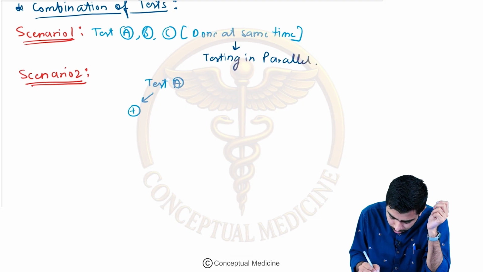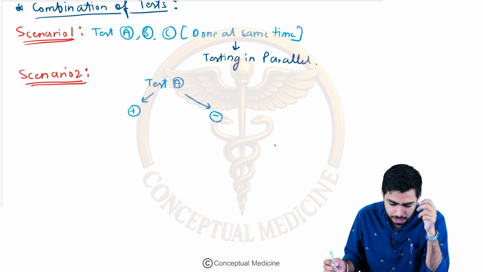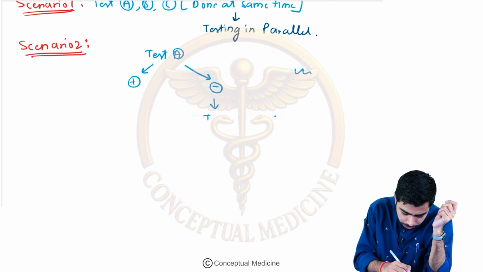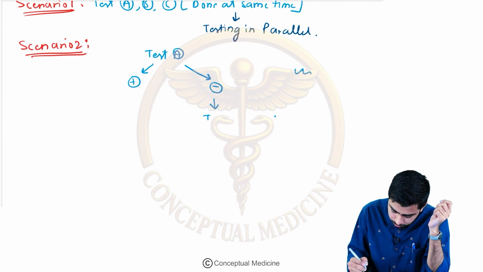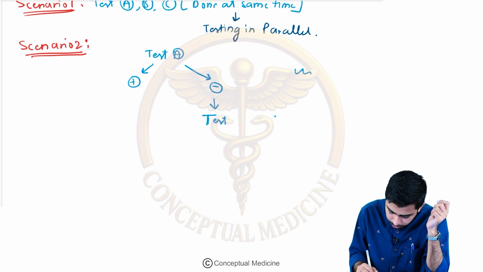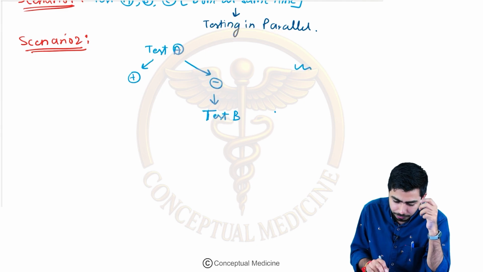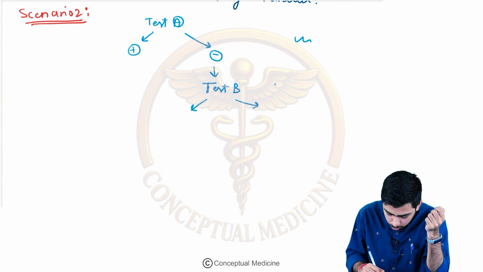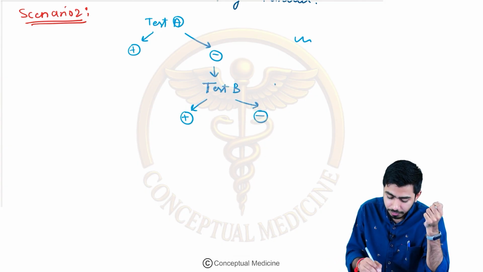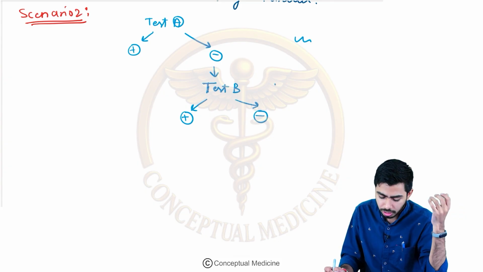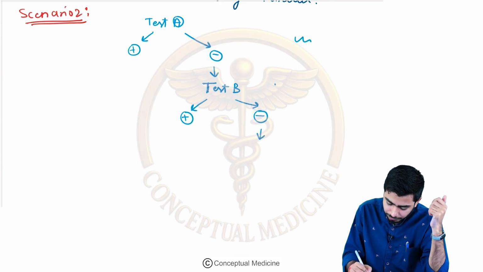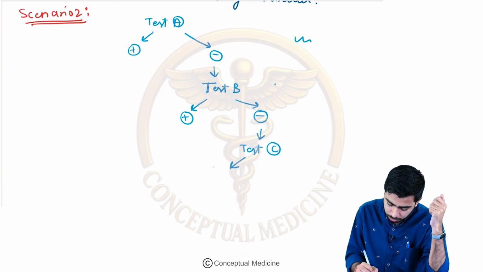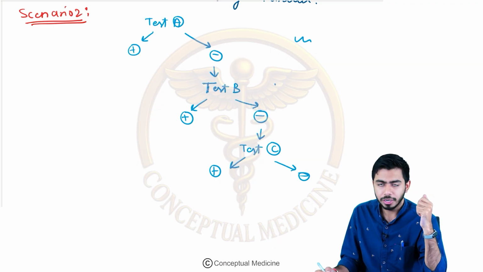If test A is negative, then I will go for test B. Test B might also have two kinds of results, positive or negative. If it is positive, I will get my diagnosis. If it becomes negative, then I will go for another test, test C. And again it might be positive, it might be negative.